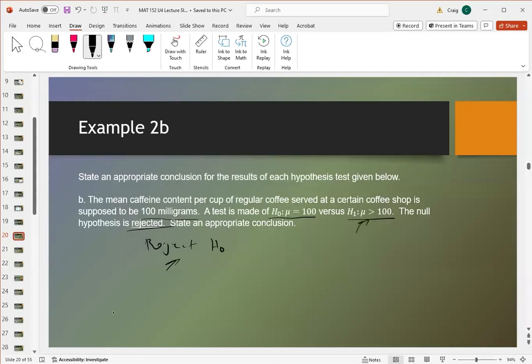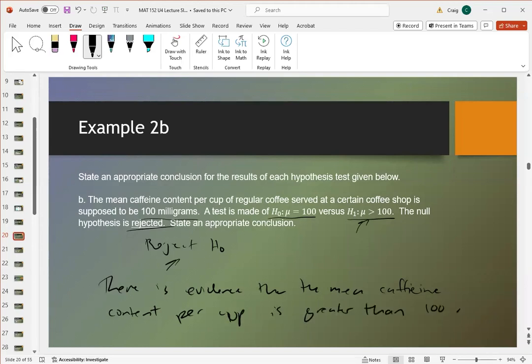There is evidence that the mean caffeine content per cup is greater than 100 milligrams. It's all based on your choice here, but then you write it in terms of the alternative.